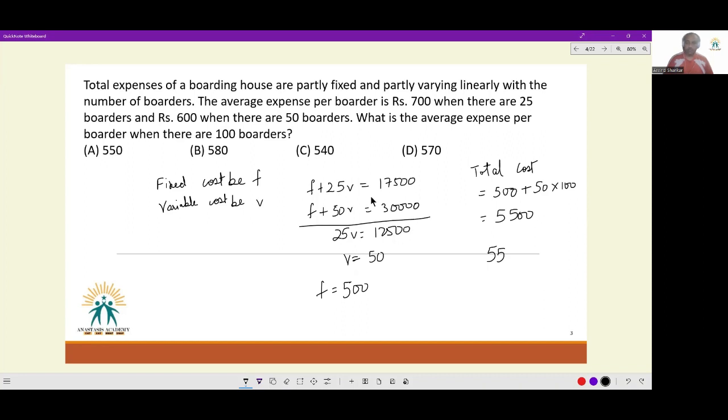Total cost will be 500. This will be 500. So we'll have 50,500. Or no, messed up the maths terribly.